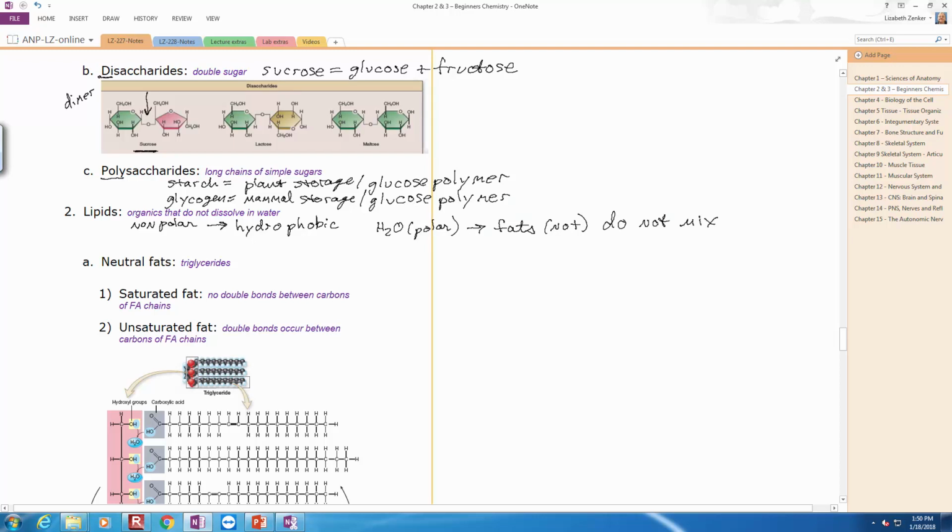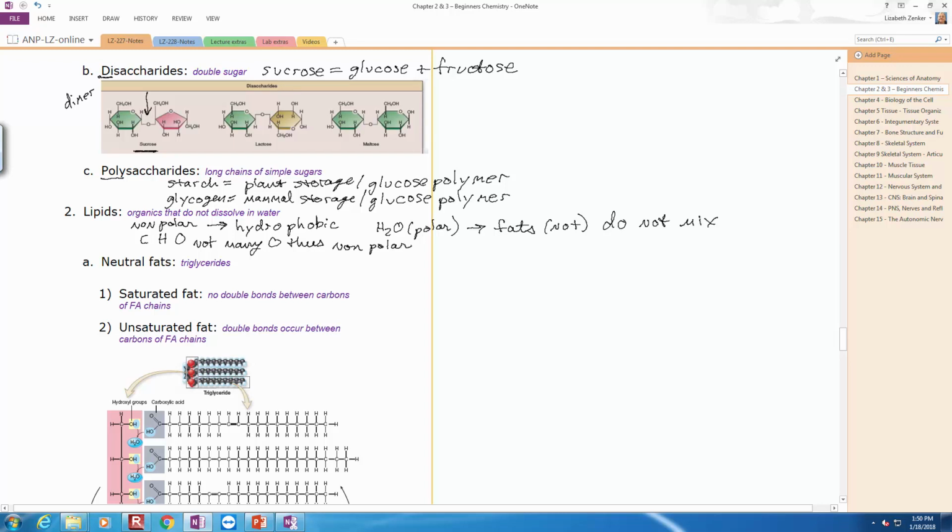They stay separated. So they have carbons, hydrogens, and an oxygen, but not as many oxygens as the carbohydrates, which is why they're non-polar. Not many O's, thus why they're non-polar.